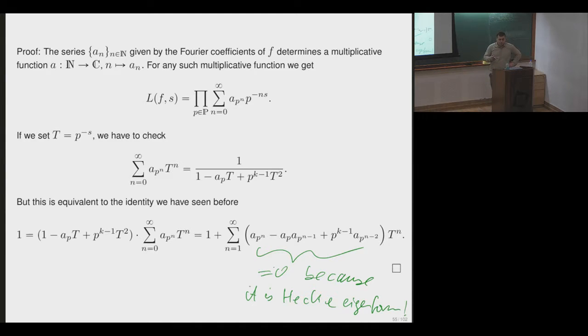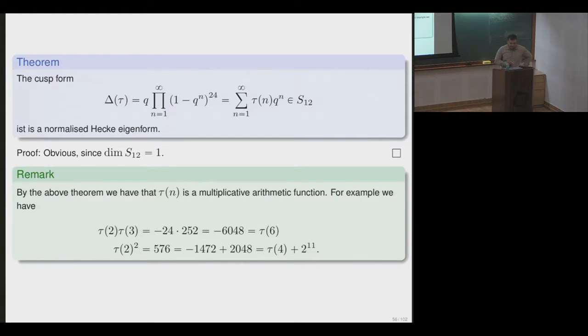Okay, so you get these nice properties for a Hecke eigenform. And now, what is the upshot? It was a conjecture by Ramanujan, and Mordell proved it, that the Ramanujan tau function is a multiplicative function.